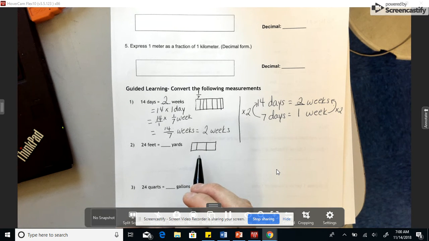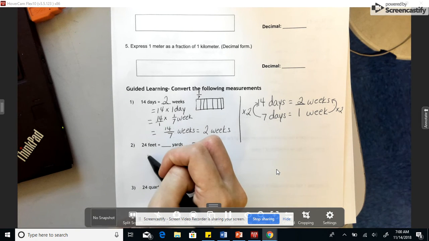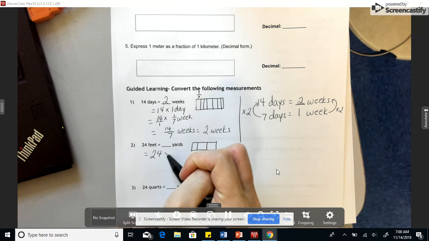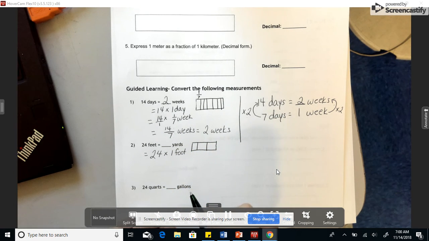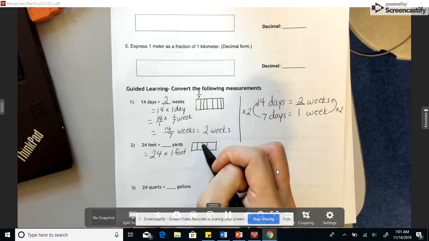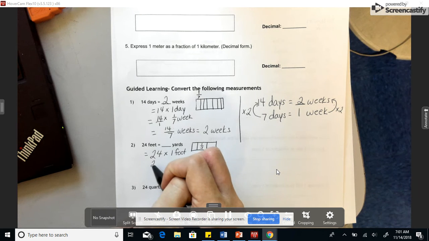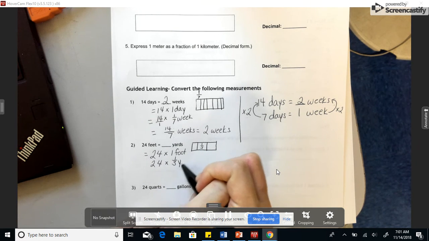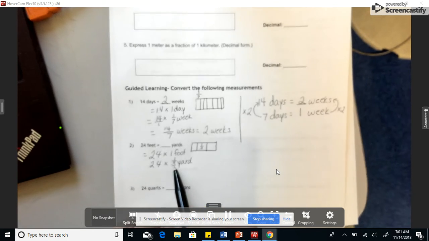So what I want to do is rewrite 24 feet as 24 times 1 foot. Now, I know that each of these represents 1/3 because there's 3 in our tape diagram. So I'm going to do 24 times 1/3 of a yard because 1 foot is 1/3 of a yard.